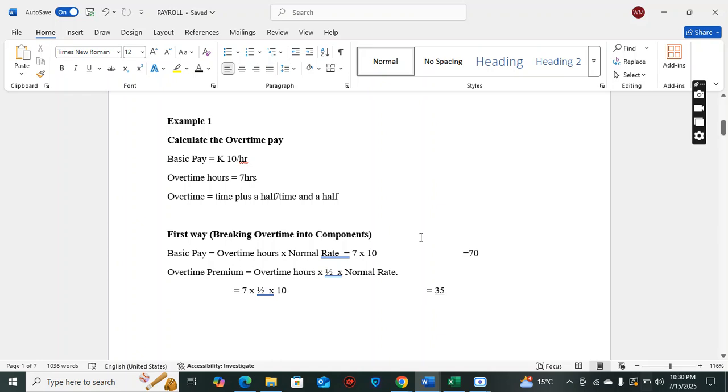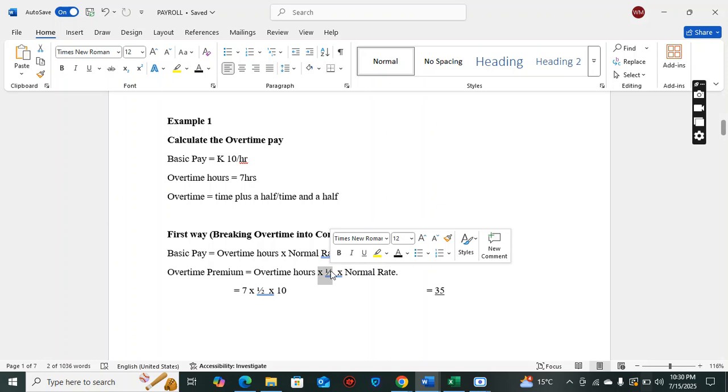Then you can get the overtime premium, which is the overtime hours times the overtime rate. Now I want you to take note of one thing, colleagues. When you break the overtime into components, if it says time and a half, you're just going to use only half, not one and a half.